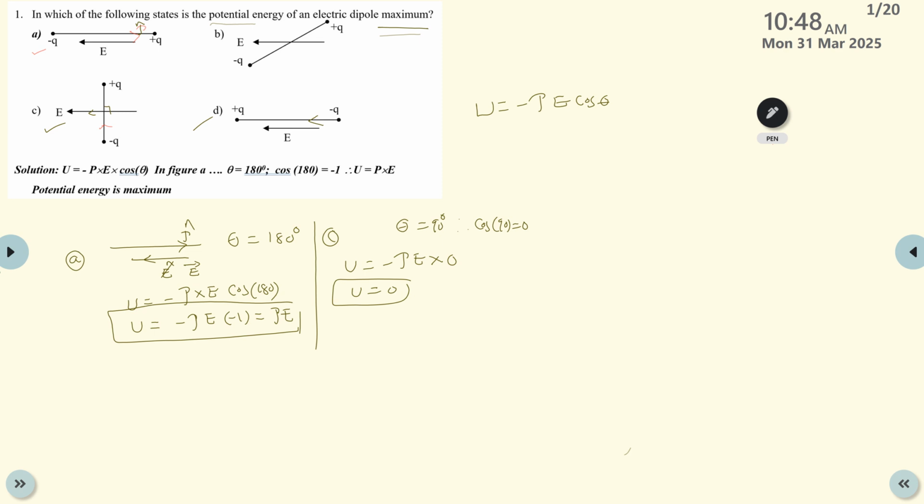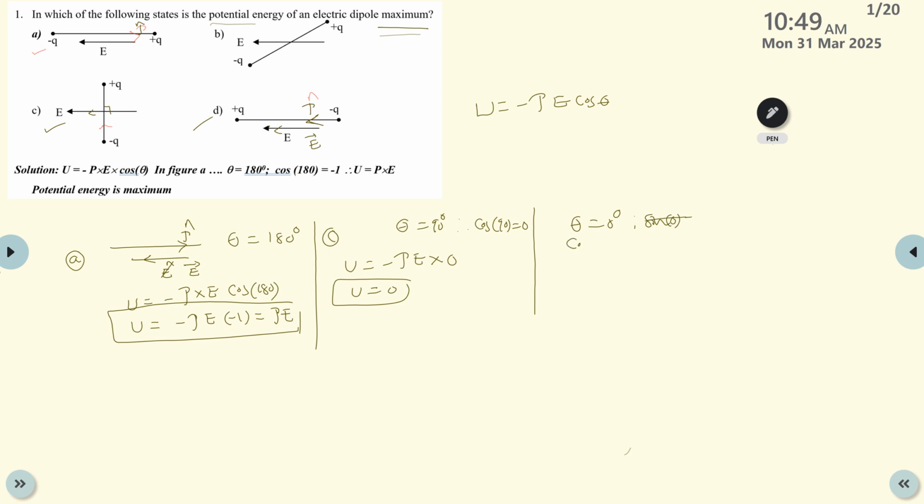Let us check for this diagram. The dipole moment is in this direction, from negative to positive, P cap. The electric field is also in the same direction. In this diagram, both are acting in the same direction, so theta equal to 0 degrees.